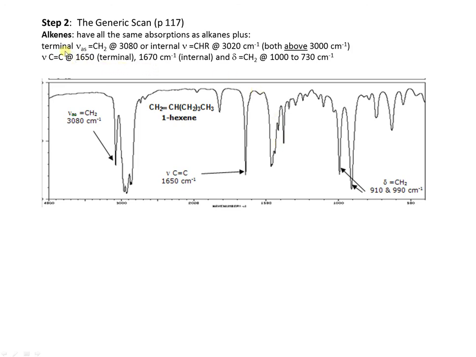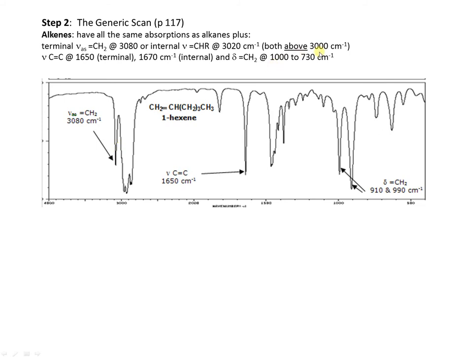So again, a terminal alkene has an asymmetric CH2 stretch at 3080 wave numbers. It's easy to distinguish this because the saturated alkanes have their absorptions below 3000, but an alkene has it above 3000. Terminal alkene at 3080, internal alkene at 3020. Easy to distinguish between them. Both of them are above 3000 wave numbers.